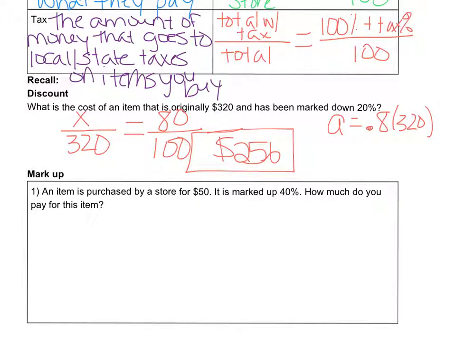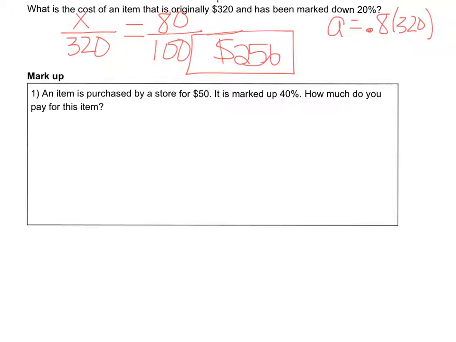Okay, so let's move on to markup. I will show you both ways, the proportion and the equation, just like I did before. So an item purchased by a store was purchased for $50. So the store paid $50 for it, and they marked it up 40%. How much can you buy this item for? Okay, so if I use the proportion, we know that the store paid $50 and the markup is 40%.